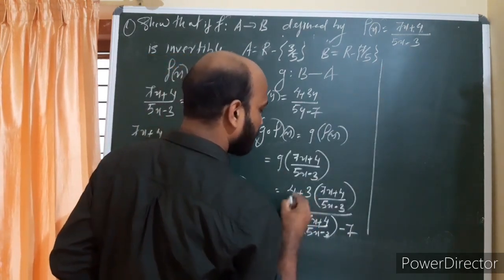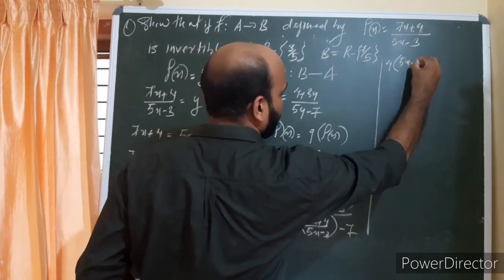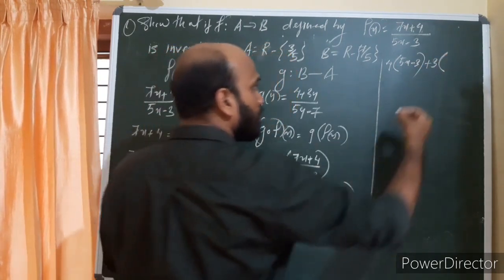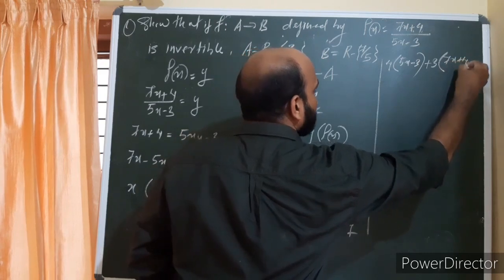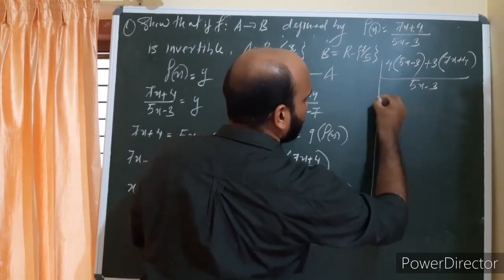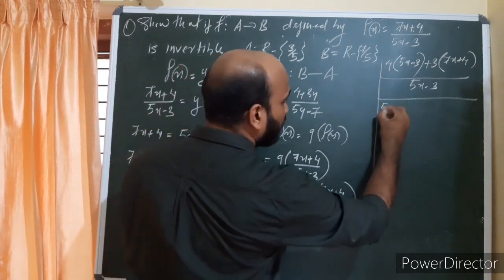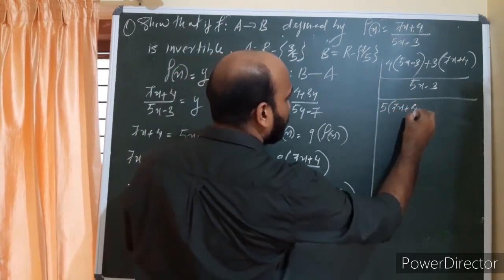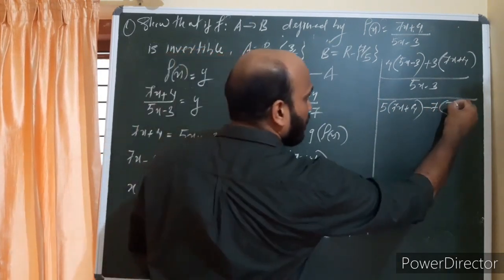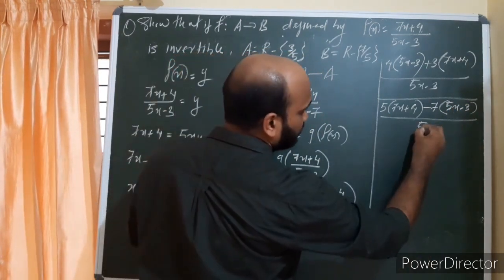So we'll get 4 into (5x - 3) plus 3 into (7x + 4), by denominator 5x - 3, whole divided by, here also you have to cross multiply, 5 into (7x + 4) minus 7 into (5x - 3), whole divided by denominator.